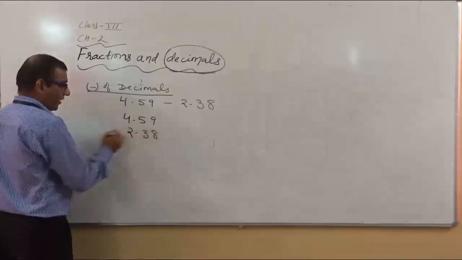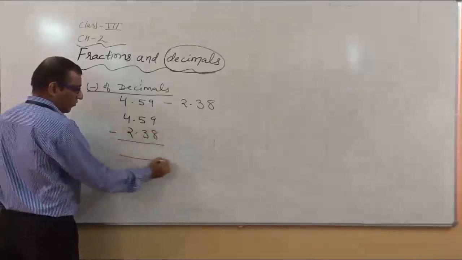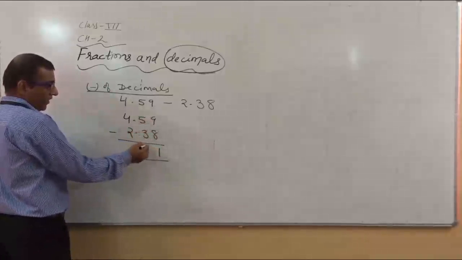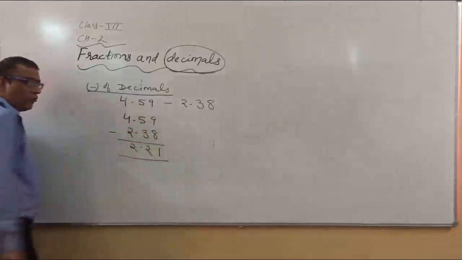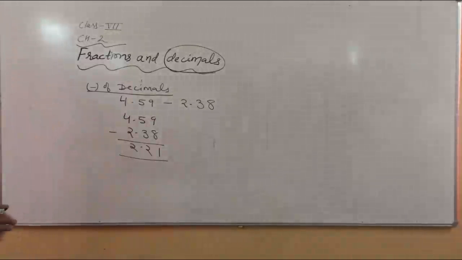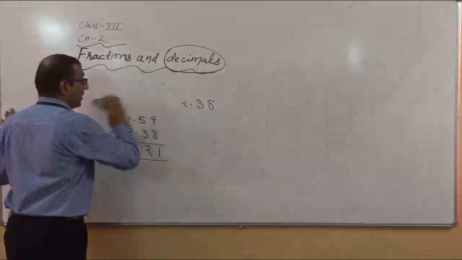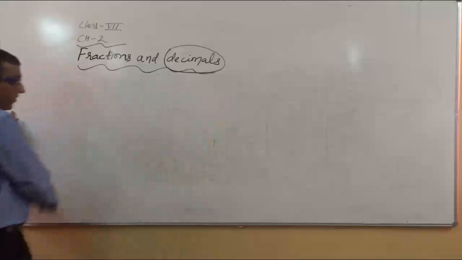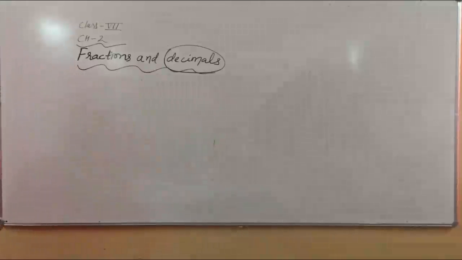So when you subtract, you write minus here. Again, you draw 2 lines. So 9 minus 8 becomes 1, 5 minus 3 is 2, and you will get 2.21 as the answer. So basically, it is related to addition and subtraction. Now we will come to the main point, that is multiplication of decimals. How can we multiply two decimal numbers?